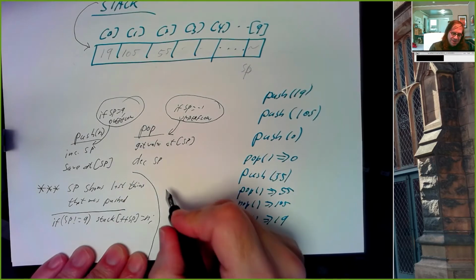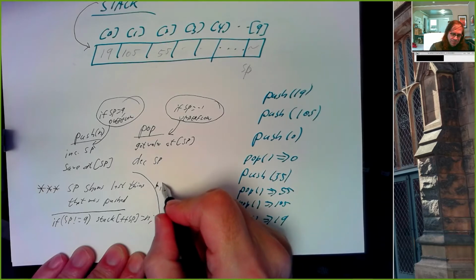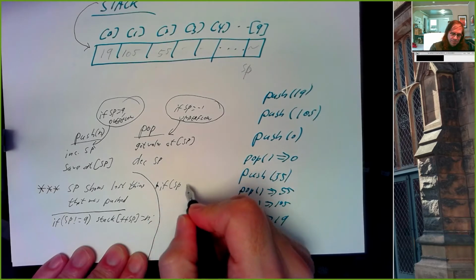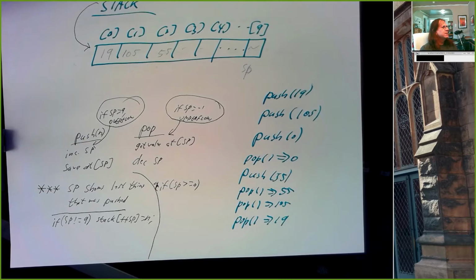All right, so what about a pop? If the stack pointer is not negative, what's our corresponding pop instruction look like?